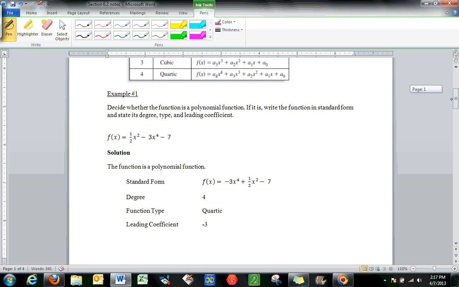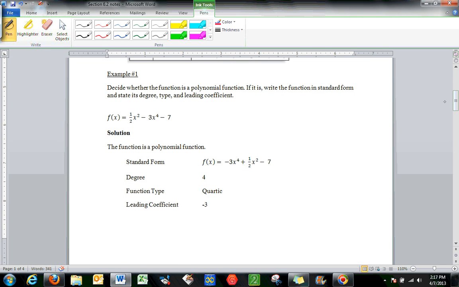So you can see here in example number 1, this is just a basic identification problem. Okay, and it says decide whether the function is a polynomial function or not. And in order for it to be a polynomial function, we have to make sure that all of the exponents are whole numbers.